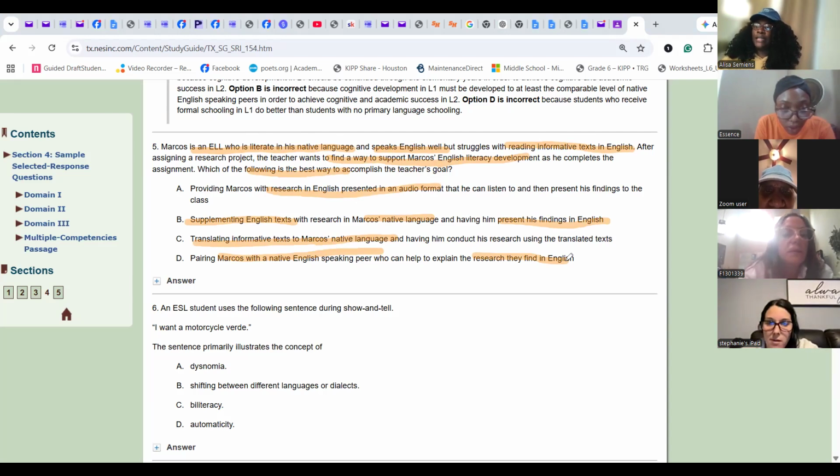So when we think about pairing an ELL student with another student, that's normally a student who's at the beginning level. We do know that Marcos does speak English well, so he's past the beginning stage, or even just giving him all the materials in his first language.